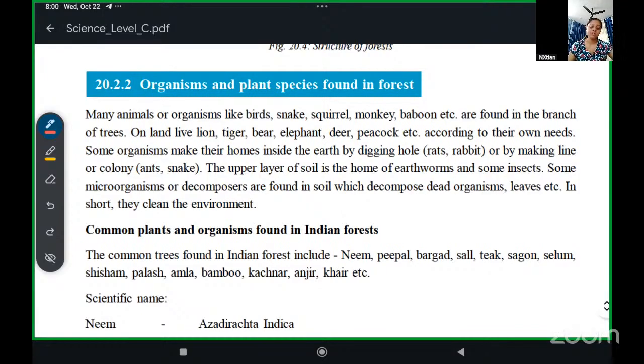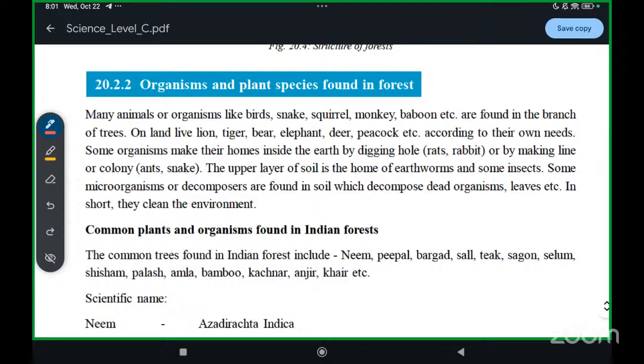Some organisms make their home inside the earth by digging holes, like rats and rabbits, or by making lines or colonies, like ants and snakes. The upper layer of soil is the home of earthworms and some insects. Lots of animals live in the soil. Some dig holes, some make colonies, some just live beneath the soil.